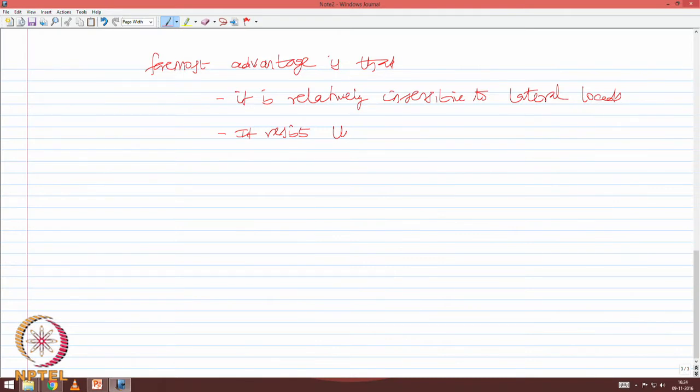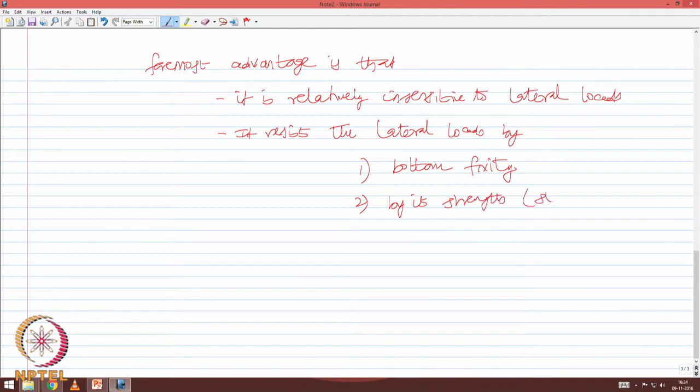It resists the lateral loads by two actions. One, by its bottom fixity. Second, by its strength, or to be very specific, stiffness.